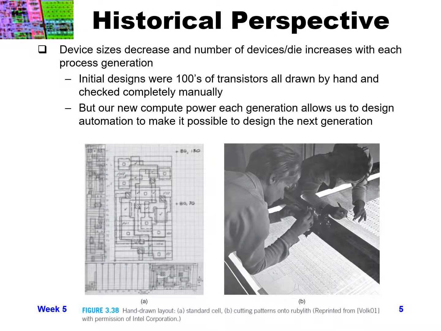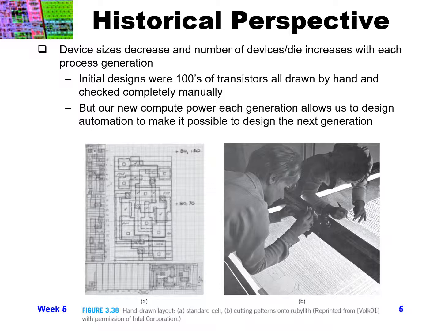This figure here is just showing how far we've come in the last 40 years or so. Device sizes are decreasing and the number of devices per die is increasing with each process generation. Back in the early 70s, initial designs were maybe hundreds of transistors, all drawn by hand and checked completely manually.